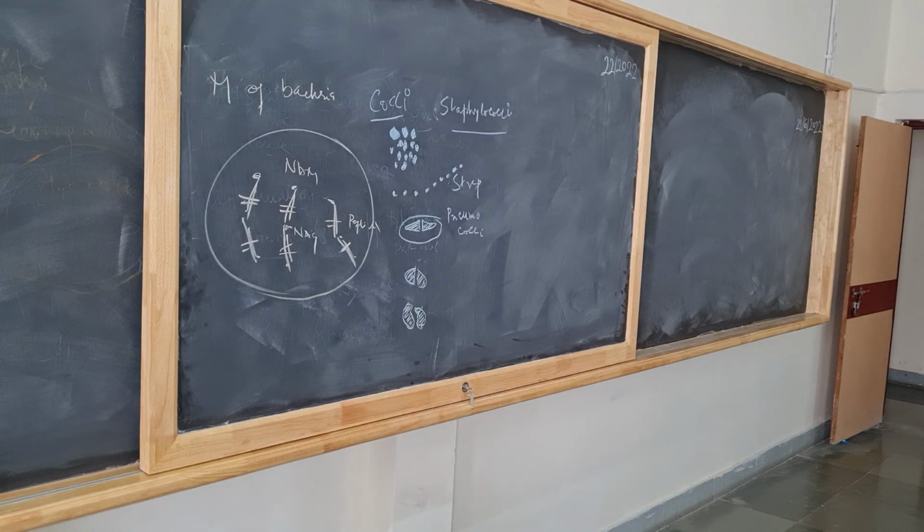So why do some organisms retain the violet color? Why do some organisms give away the primary color, take up the counter stain and look pink in color? This is explained by Hans Christian Gram. He devised the staining, and it is still considered the golden stain, the fundamental basics of microbiology.